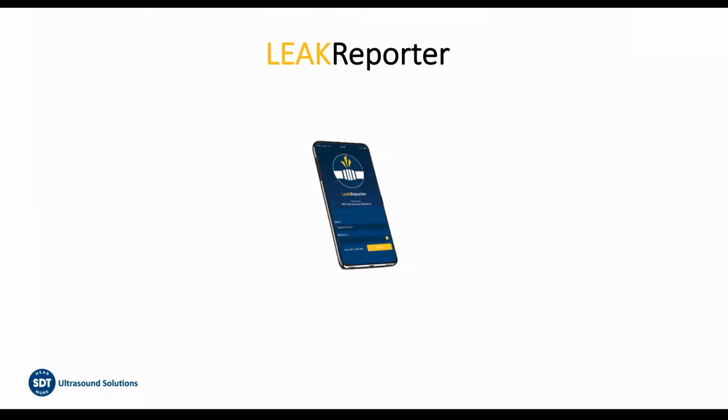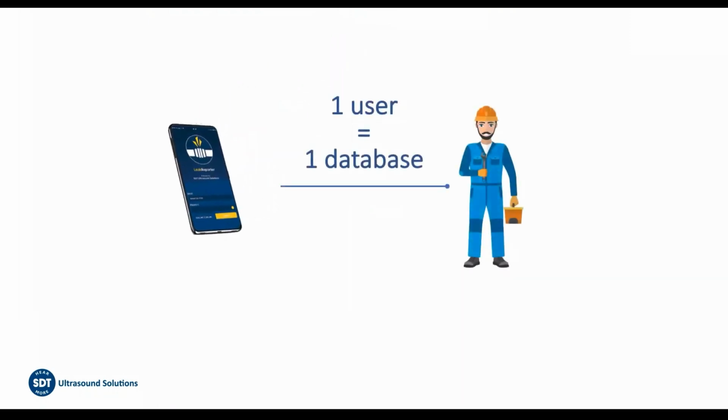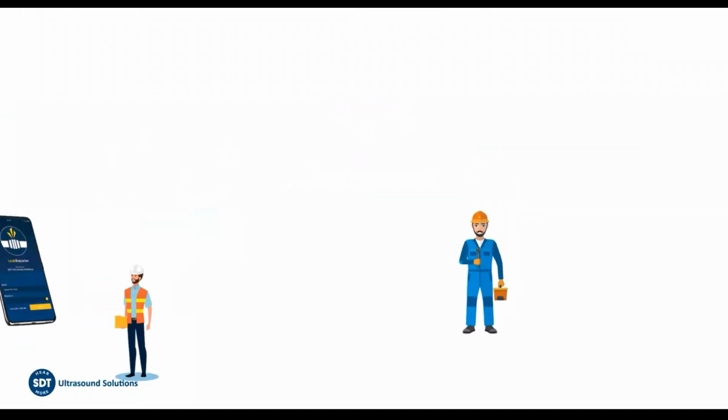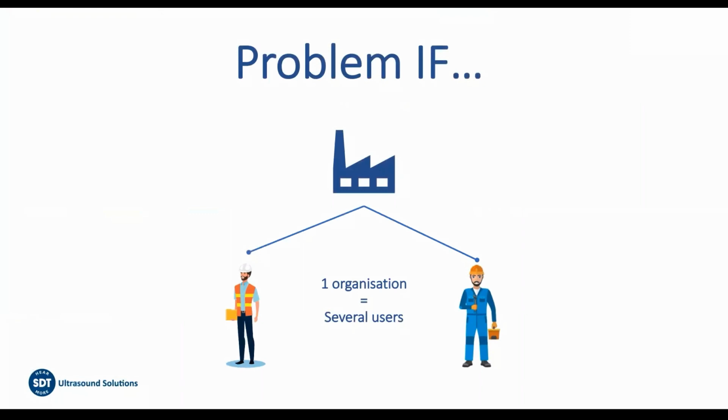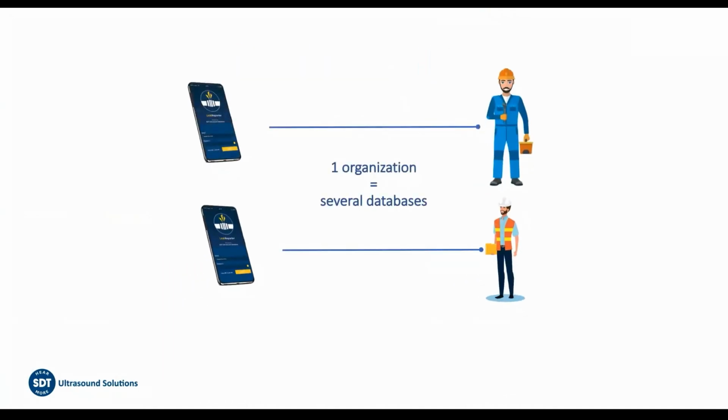In a previous version of the app, once you created your user account, you automatically created a database for that user. One user equaled one database. But for larger organizations with multiple Leak Reporter users, managing the team's work became complicated because the application wasn't designed to initially handle multiple databases within a single account.